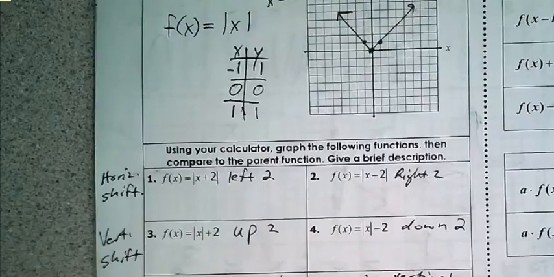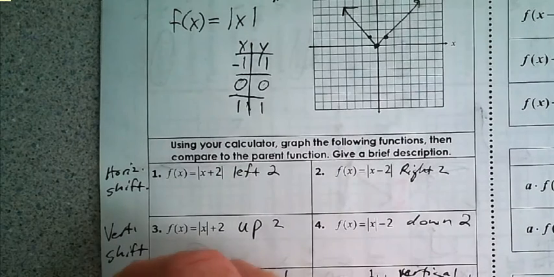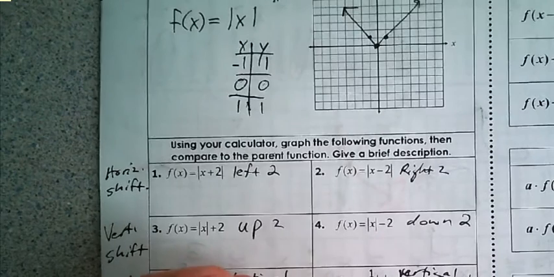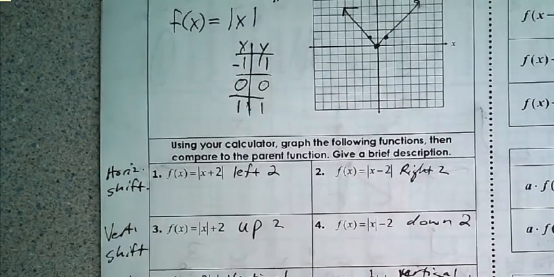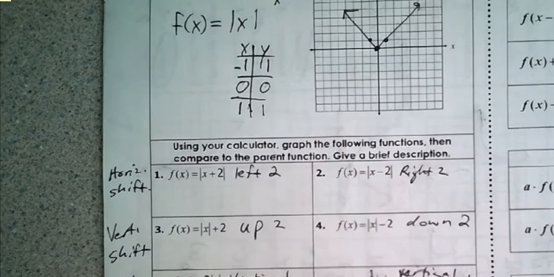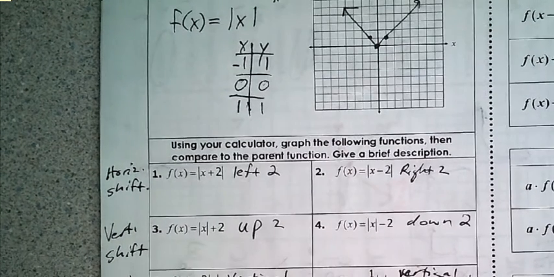The next two are vertical stretch/shrink. And obviously the last one is a reflection. And you don't have to describe it any other way.